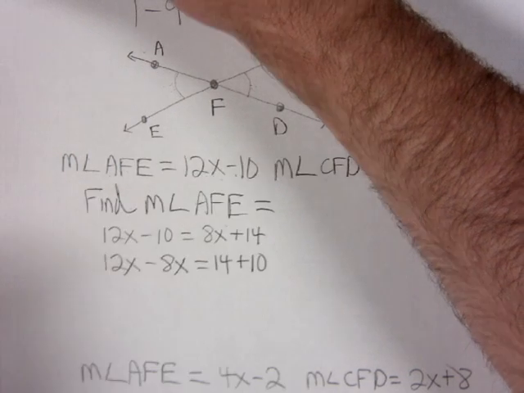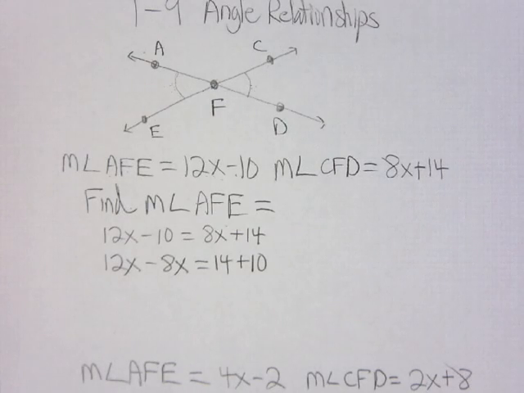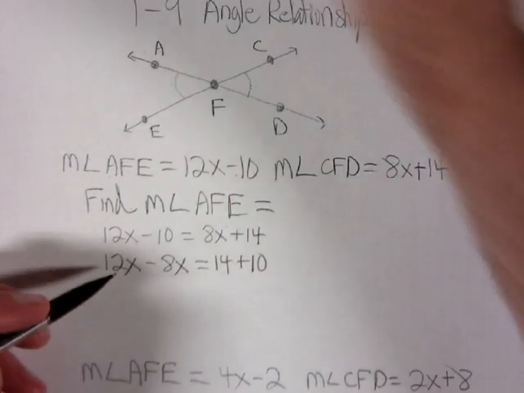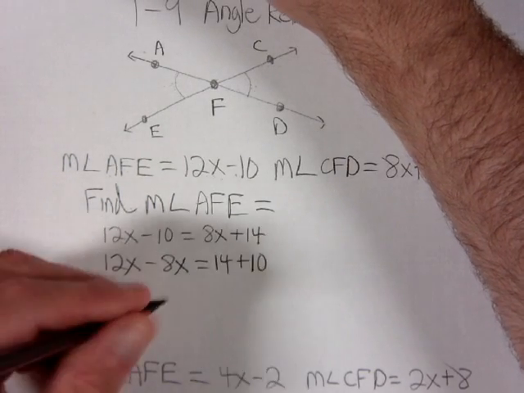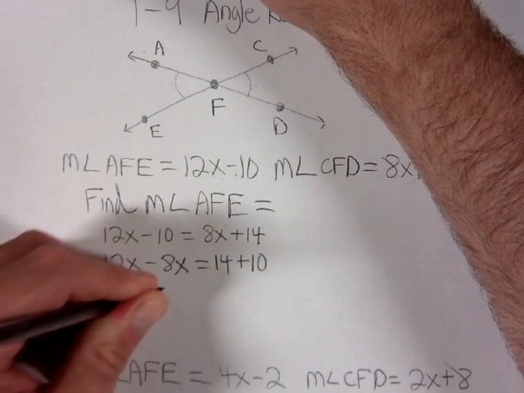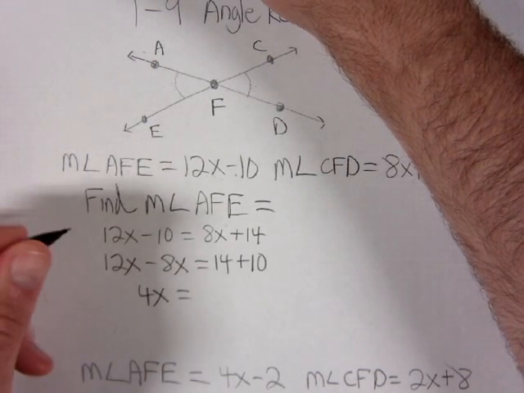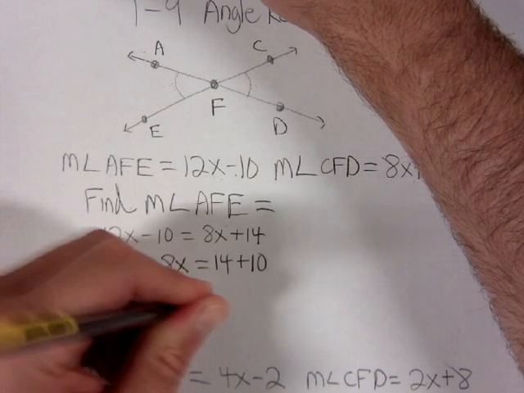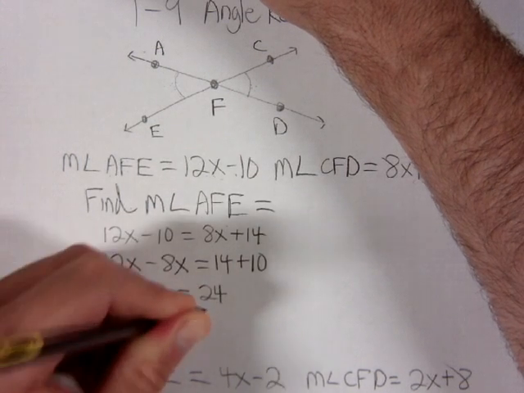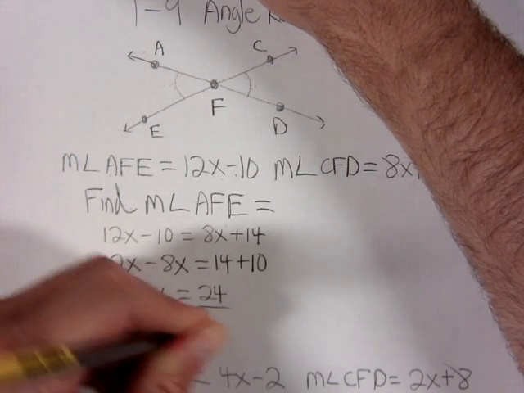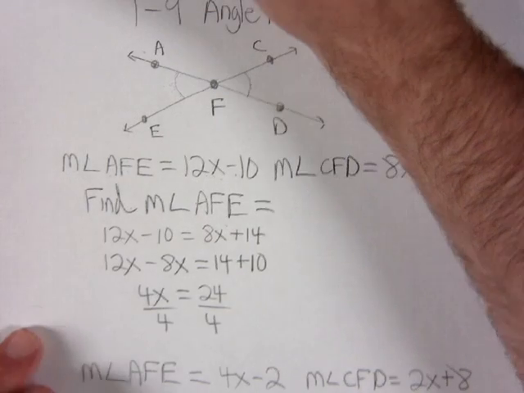If it goes across, it's got to change sign. Now, 12x minus 8x leaves me with 4x. And then 14 plus 10 gives me 24. Now I'm ready to divide both sides by 4. And that will give me x is equal to 6.